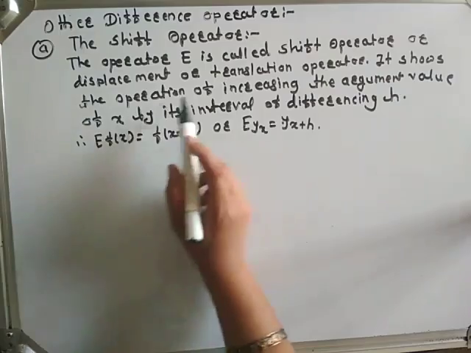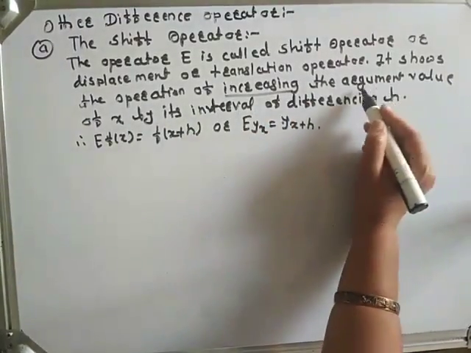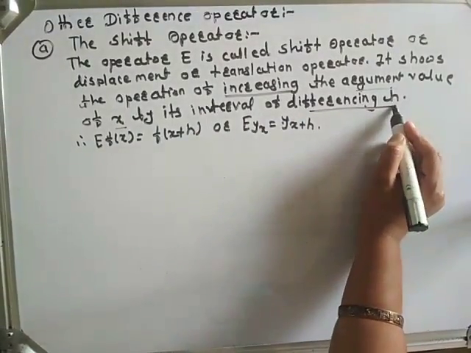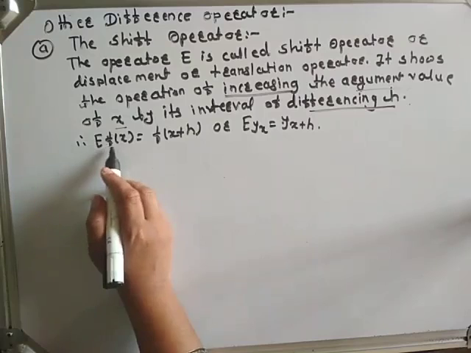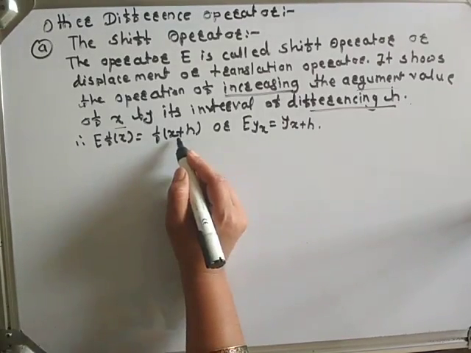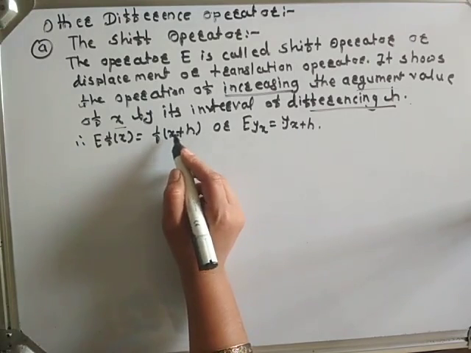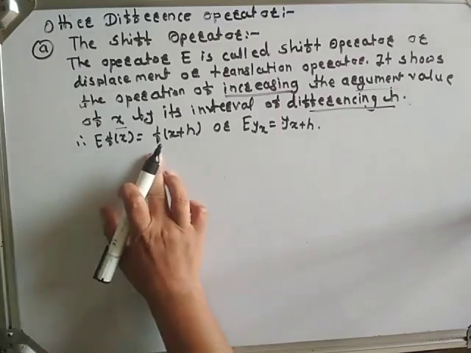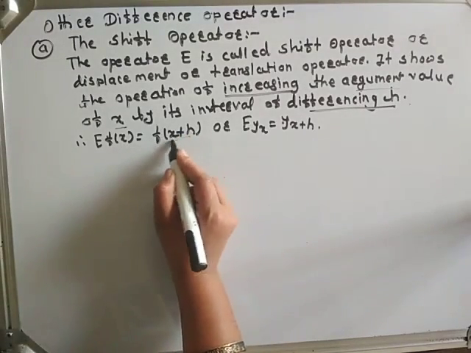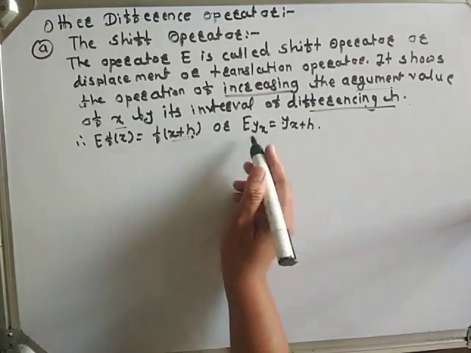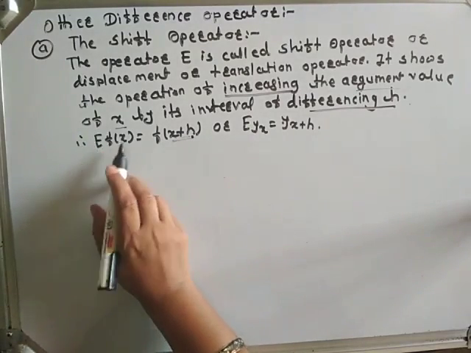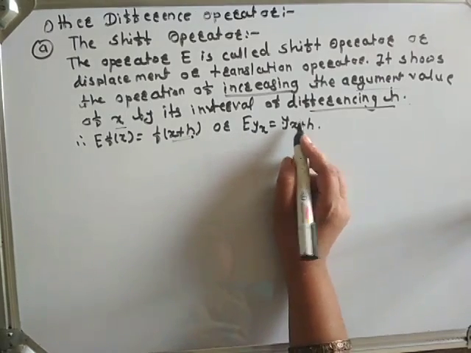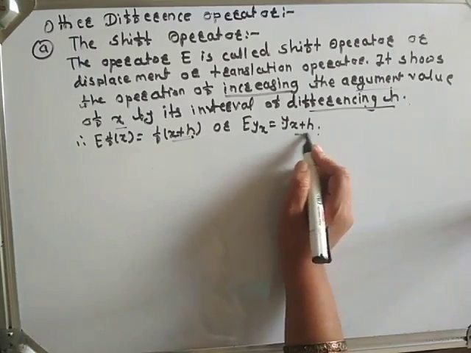It shows that the operation of increasing the argument value of x by its interval of differencing h means E of f of x is equal to f of x plus h, or this can be written as E y x is equal to y x plus h.